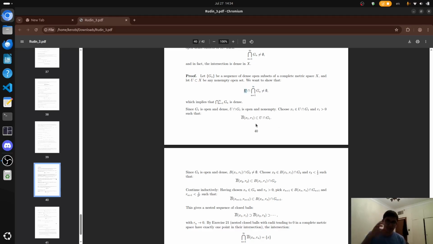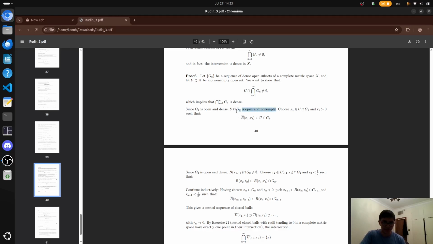Because everything is dense inside of it, there's always going to be some point that's going to be part of it. So since G1 is open and dense, U intersection G1 is open and non-empty, because that's the definition of a dense set.